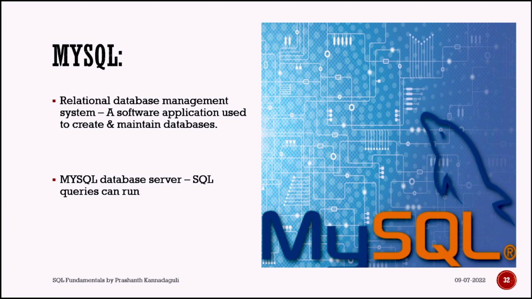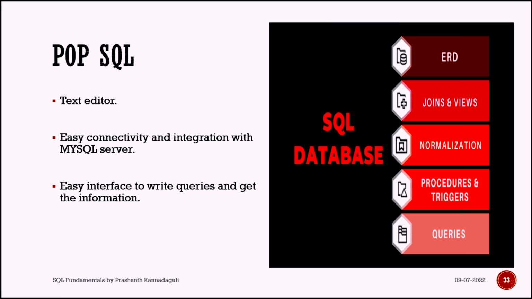So MySQL is the first thing, and we are also going to install another tool called POP SQL. This is a tool which supports writing SQL queries. You will see that it has a text editor as well, and we will be able to visualize the connection that exists with the MySQL server.